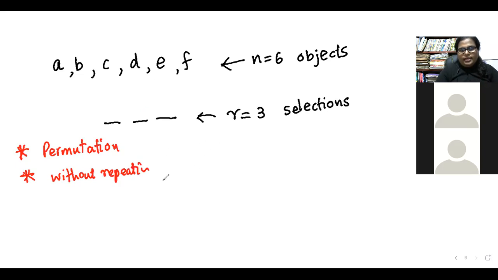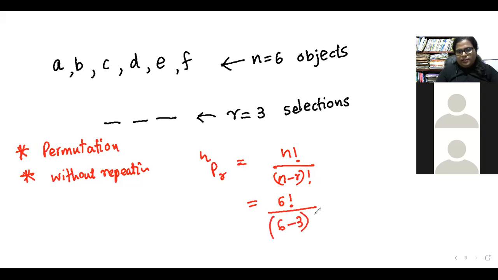And then when you take the formula for nPr, you know that it is n factorial divided by (n minus r) factorial. Here our n is 6, so 6 factorial, and n minus r is 6 minus 3, so 3 factorial. So we can write this as 6 factorial divided by 3 factorial, right?